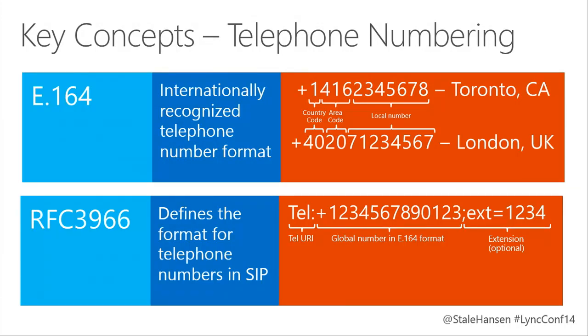So if you use tel colon and write that in front of your number in your mail signature or something like that, it will become a hyperlink, which is clickable for direct calling, which could be a tip for when you are creating your email signatures. It's like mailto for mail addresses, so that's a good tip.